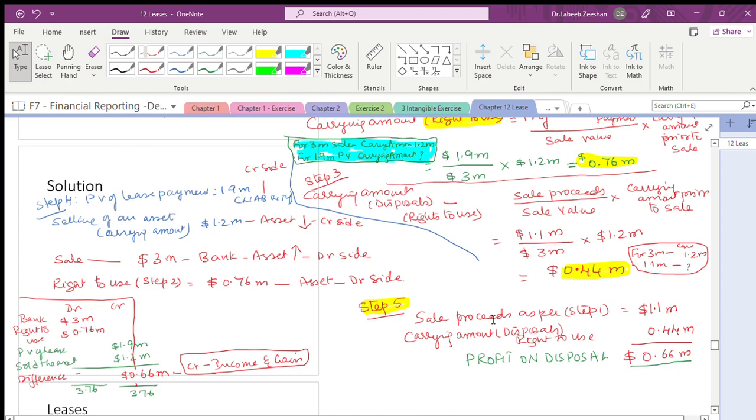Now what happens? You see the carrying amount. The sale proceeds is 1.1 million. Carrying amount is how much? 0.44. As simple as that. The sale value minus the carrying amount is the profit on disposal.